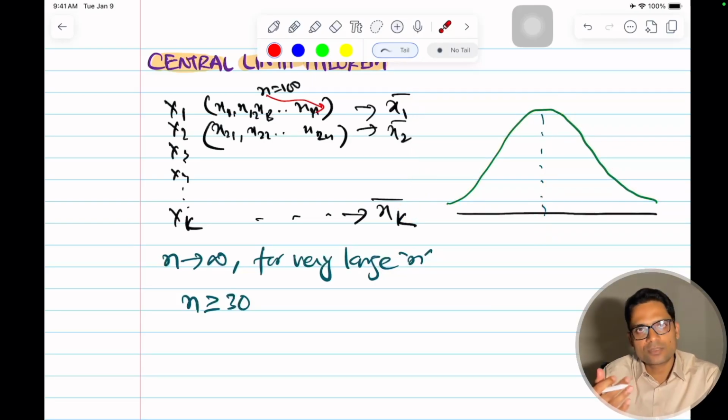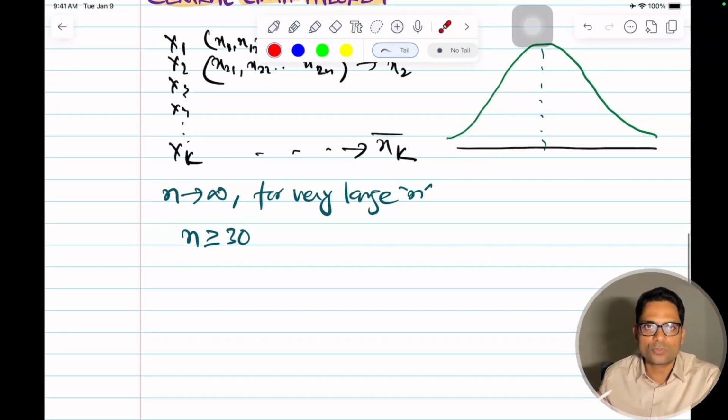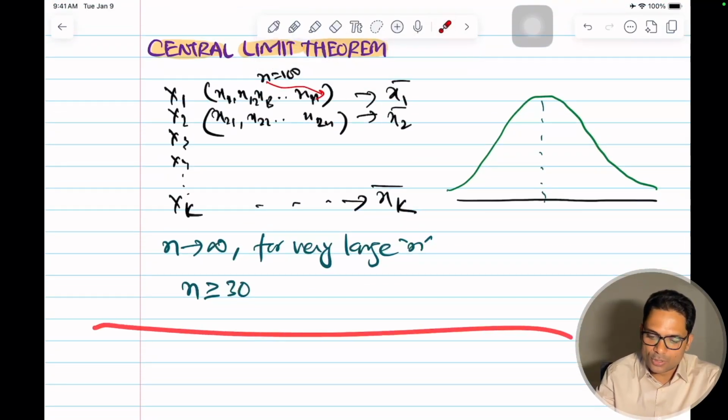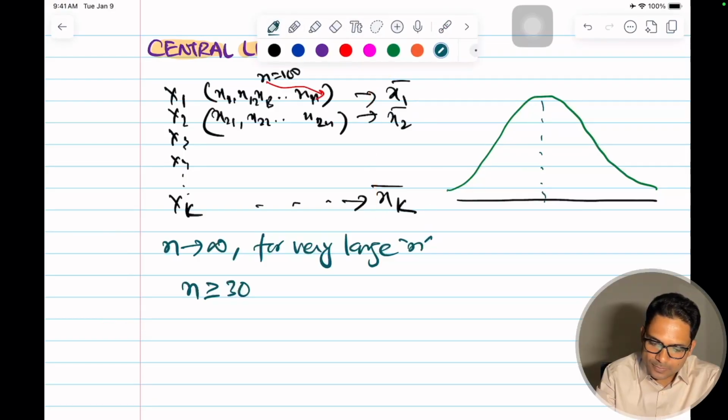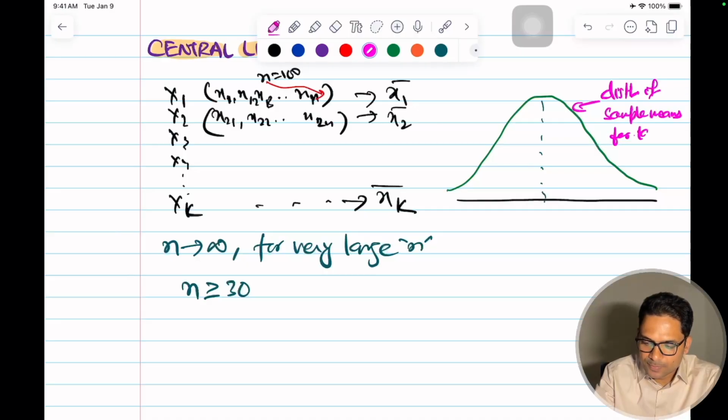Okay, let's formally write it and understand some more things around this. If the central limit theorem is clear, it talks only about the distribution of means, the distribution of sample means, for large n greater than or equal to 30, and this is a Gaussian.